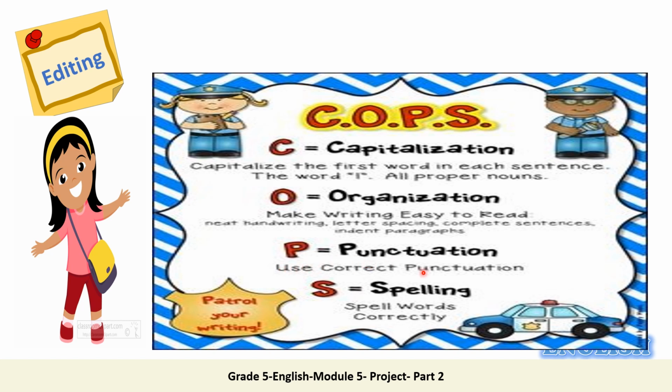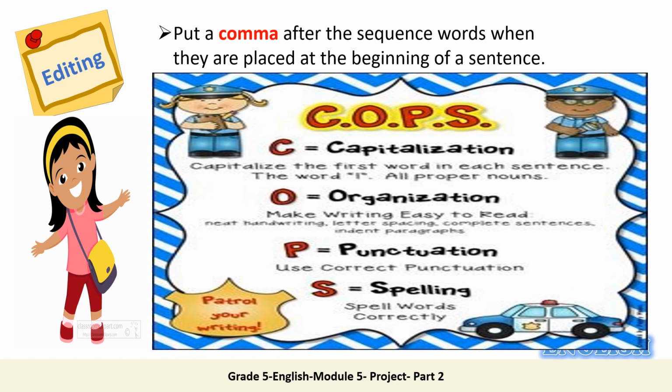P is for punctuation. You have to make sure that you use correct punctuation. Add a full stop at the end of each sentence. S is for spelling. You need to check the spelling of the words you use. And don't forget to put a comma after the sequence words when they are placed at the beginning of a sentence.